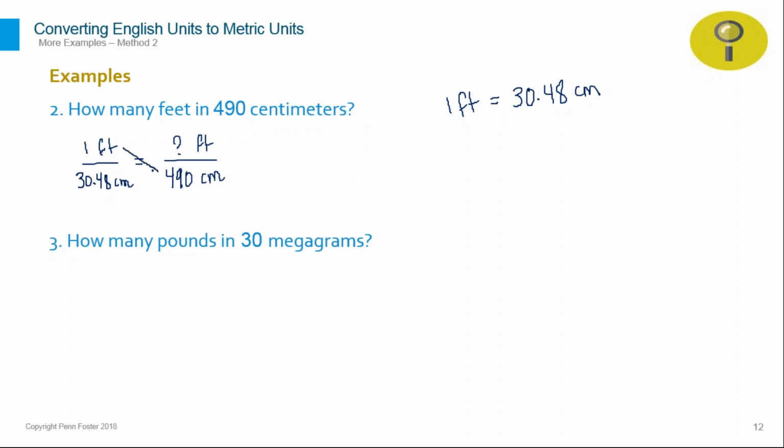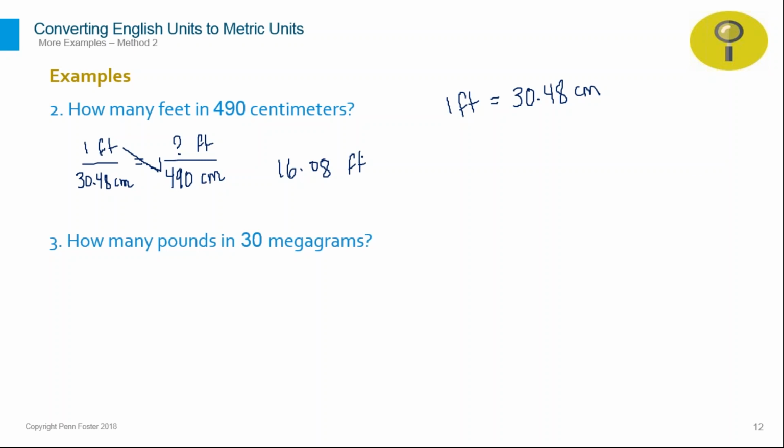So 1 times 490 would be 490 divided by 30.48, and that will give you that 490 centimeters is equivalent to 16.08 feet. I'm going to double check the numbers, so I'm going to punch that in on my calculator. 490 divided by 30.48, and the answer is correct.